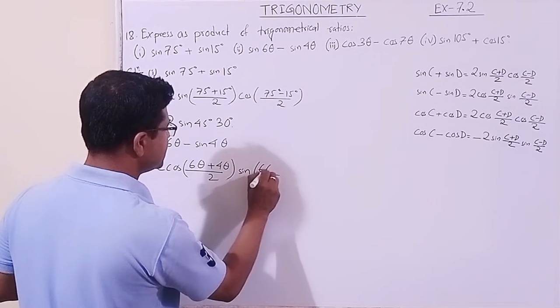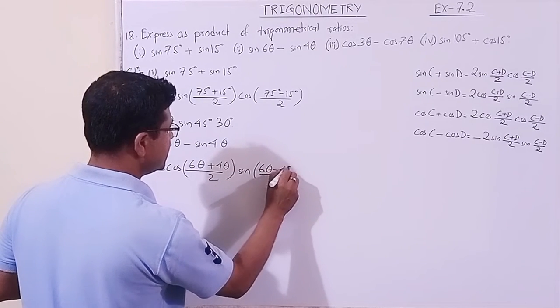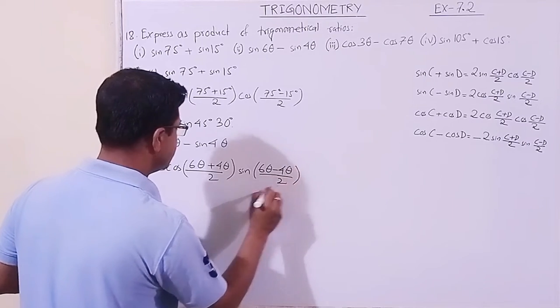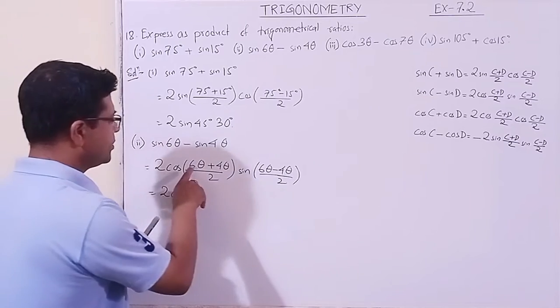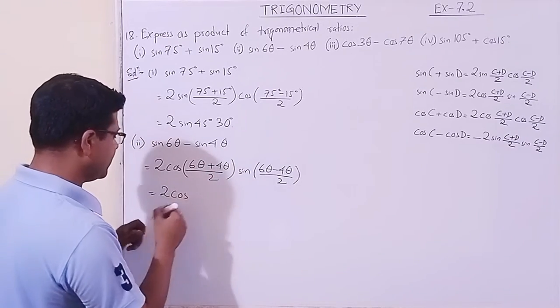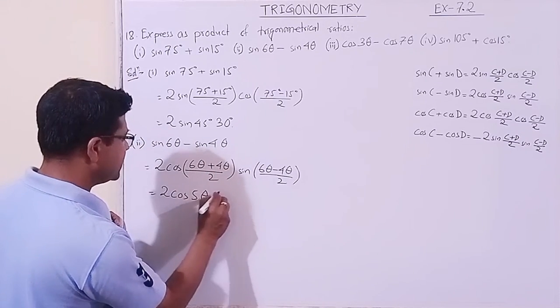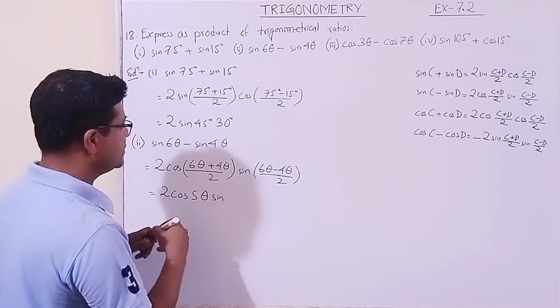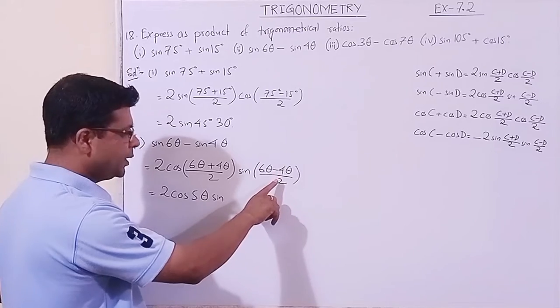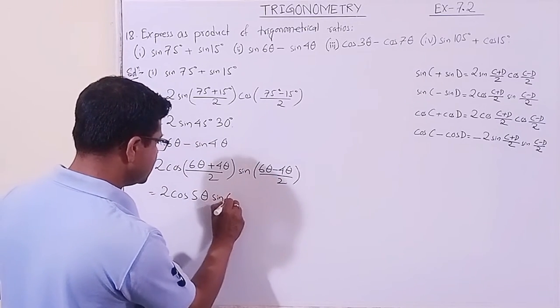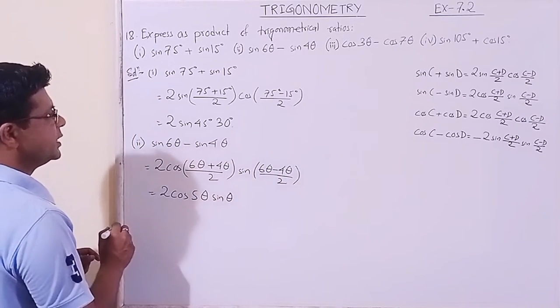These are very easy questions, easy solutions. Twice cos. Now 6 plus 4 is 10, 10 by 2 is 5, so this is 5 theta, then sin. Next, 6 minus 4 is 2, 2 by 2 is 1, that is 1 theta, simply theta. So this is also done.